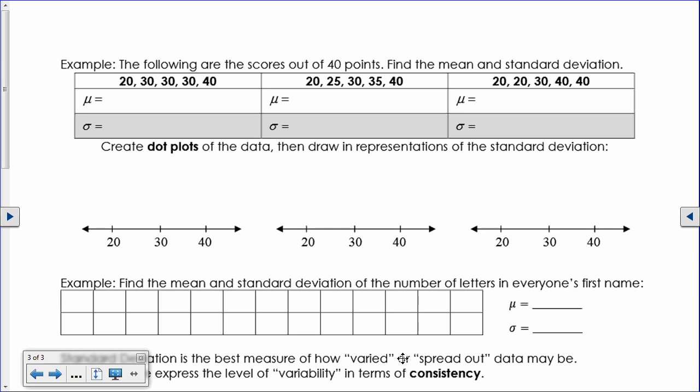Does anybody have the mean for this first data set? It's 30. And what's the standard deviation? 600. Okay, cool. Now try it for the next set.